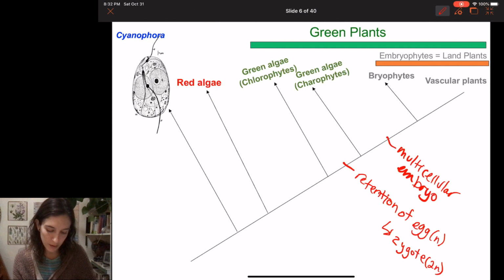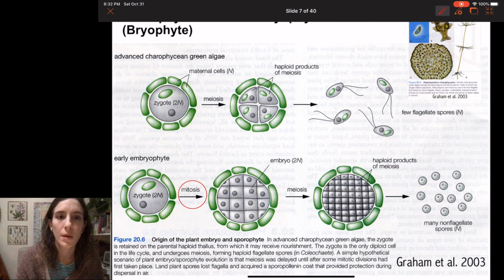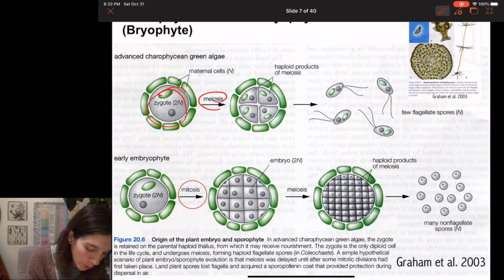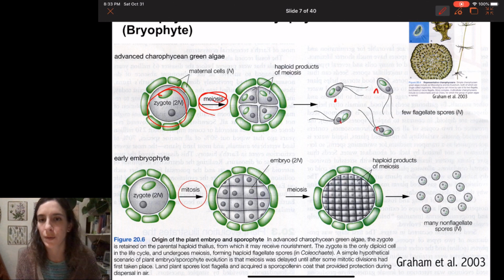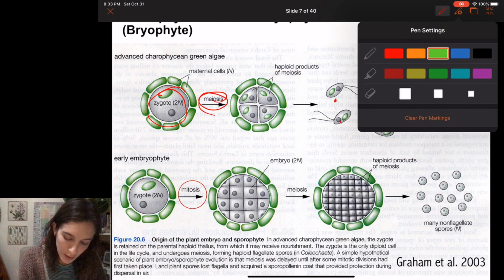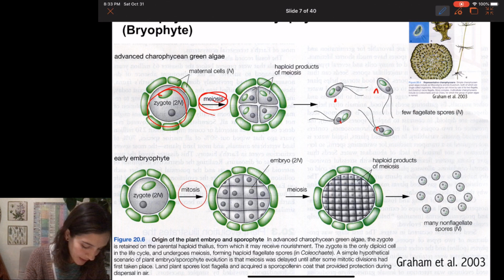So let me go to the next slide here to show you. That normally, like I said, that zygote would just go through meiosis right away, and then it would produce exactly 4 haploid cells. We know that's always the result of meiosis, 4 haploid cells. Well, if you've just got this one cell, then that's what's going to happen. So I think what happened over time is that that zygote underwent mitosis.